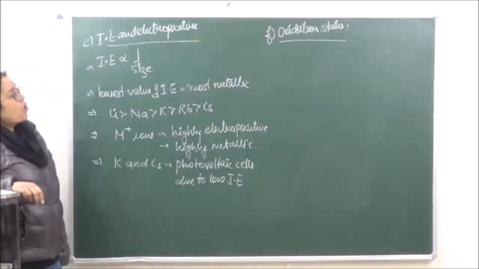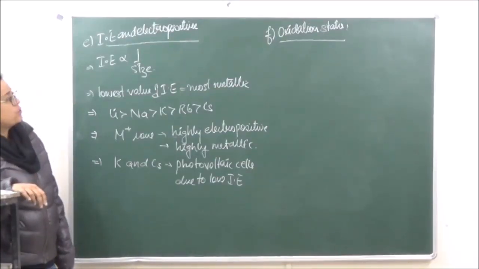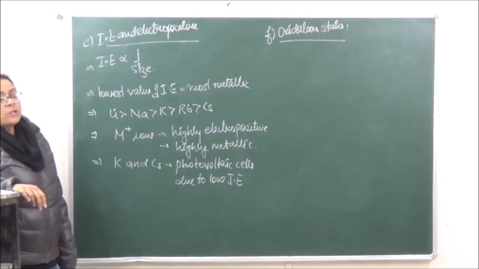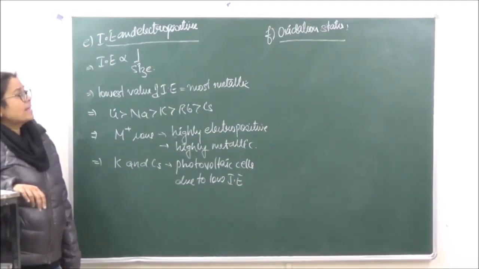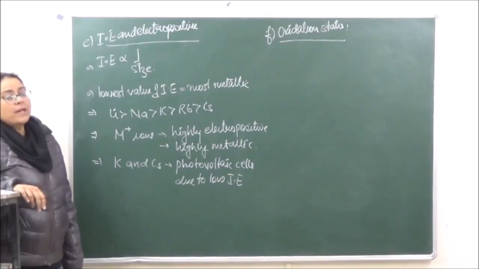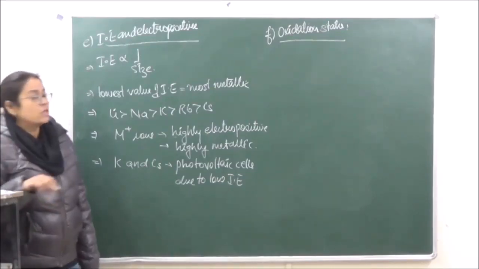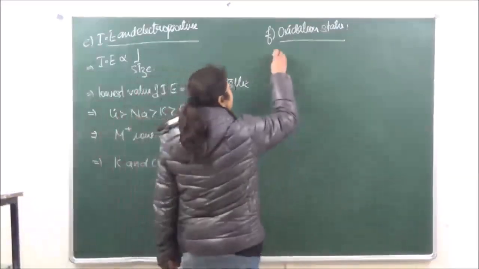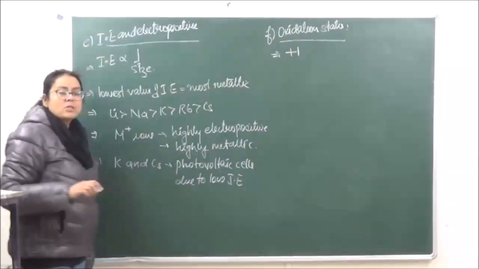Now these all are going to be unipositive elements, or univalent positive elements, which means that they can have only one positive charge. The reason behind that is that they have only one electron in the valence shell, which when lost, they enter into the nearest noble gas configuration. So the only oxidation state which is going to be possible over here is +1.